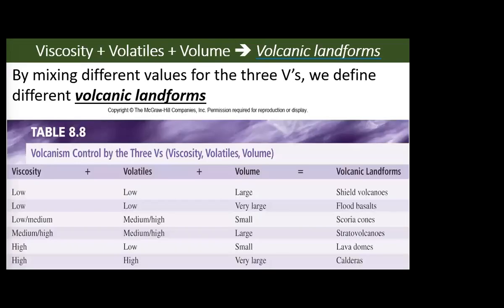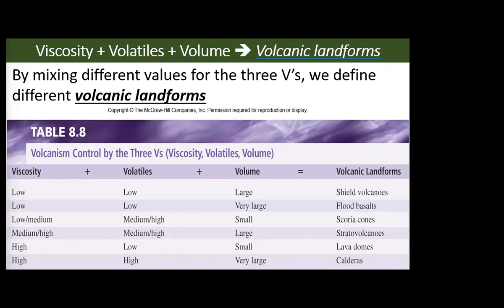Each of these are pretty complex and they form based on the 3 V's. Remember, viscosity, volatiles, and volume. If we have low viscosity, low volatiles, meaning we have low silica content, so we don't have any viscous layers, but we have a lot of volume, think of a hot spot.